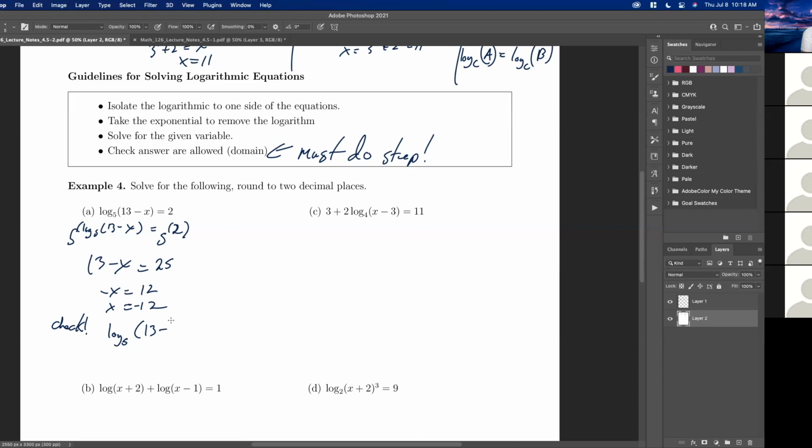This is log of 1, that should be 0. Here, if we put in the negative 12, I get log base 5 of 25 is equal to 2, and that's correct, right? 5 raised to what power is 25? Well, that's 2. So that works out.